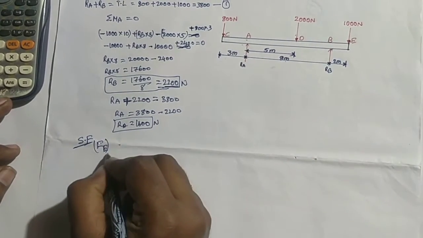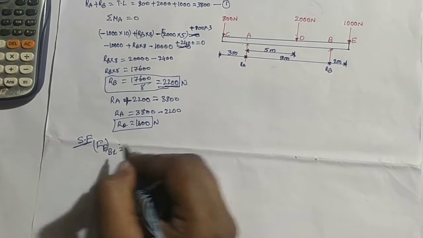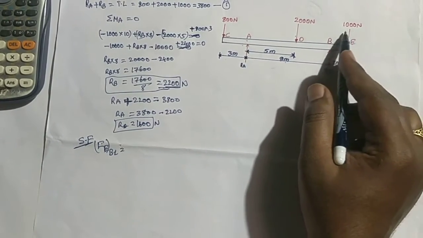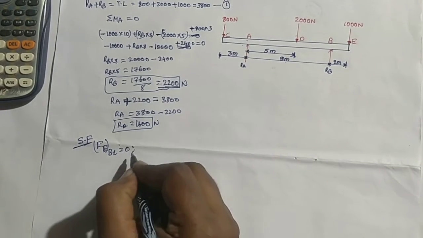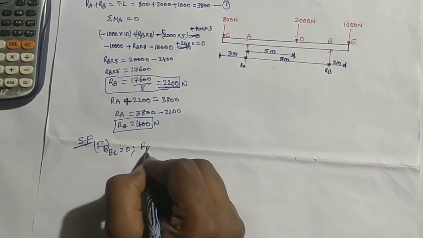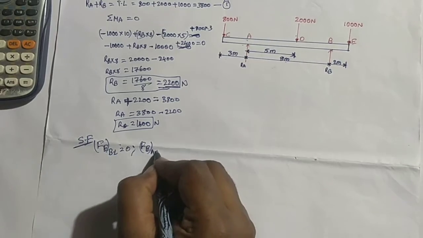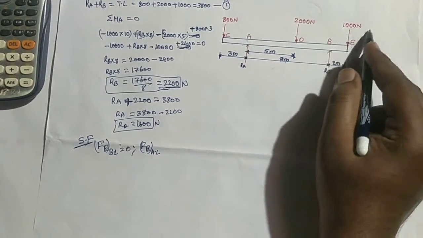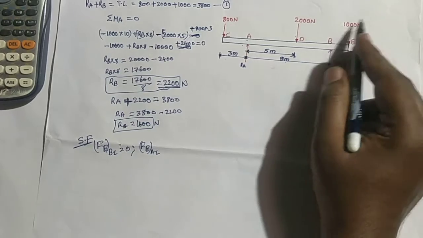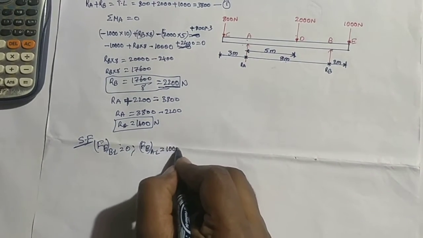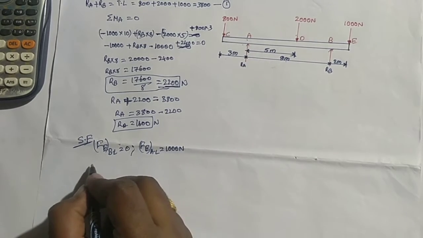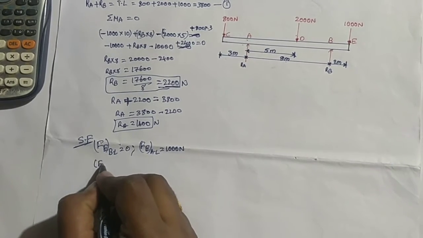Shear force at point E before the load, without considering the 1000 newtons load, equals 0. Next, shear force at point E after the load: we consider the 1000 newtons, which is acting downward, so it is positive, that is 1000 newtons. Next, similarly, the shear force at point B.